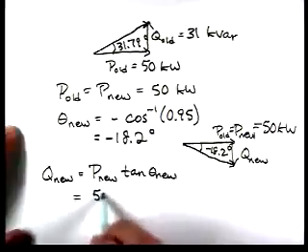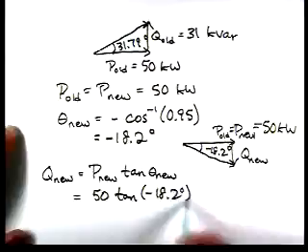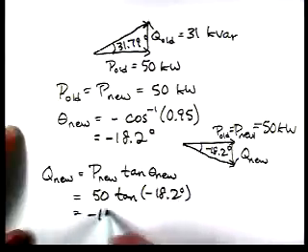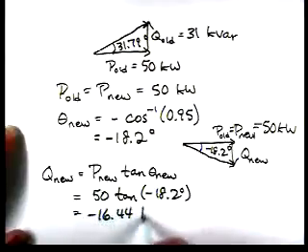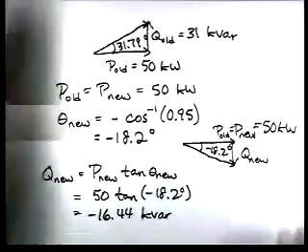So we have 50 times the tangent of minus 18.2 degrees, which is minus 16.44 kvar. Okay, so now we've got theta new and Q new. So now step 4 says now calculate Q of the cap.